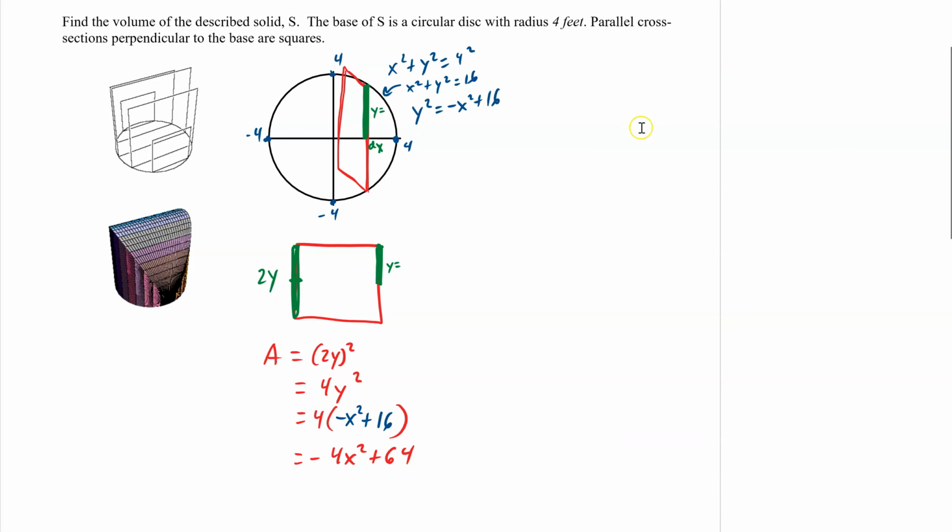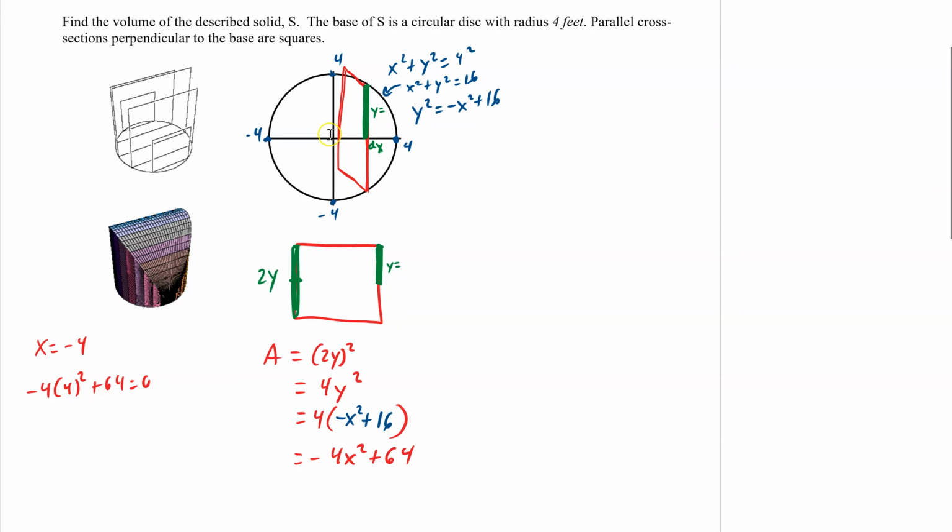Now if we check this, if I were to plug in negative 4, that square at the end would be 0. Because if you think about it, right at the tip there is no square. It's infinitely small. It's 0. So if I plug negative 4 in here, that becomes positive 16 like this. If I test it with x equals negative 4, I would get negative 4 times 4 squared plus 64. Well, that's 0.